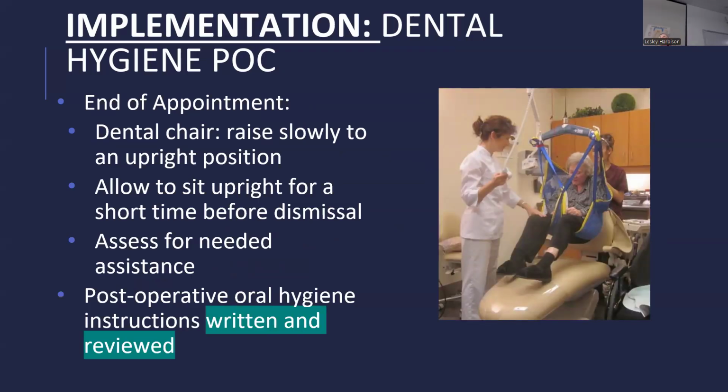At the end of the appointment, you want to raise the chair slowly upright because of that whole circulation thing. Allow them to sit there for a while. Don't let them jump right up. Older people, in their 70s, early 80s, sometimes don't realize their body doesn't respond as quickly.